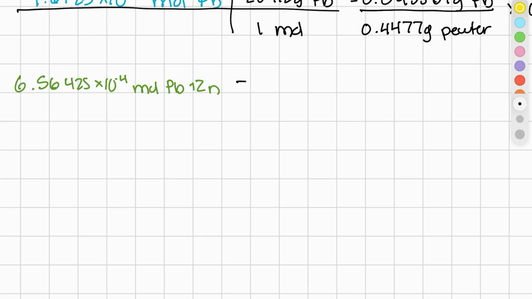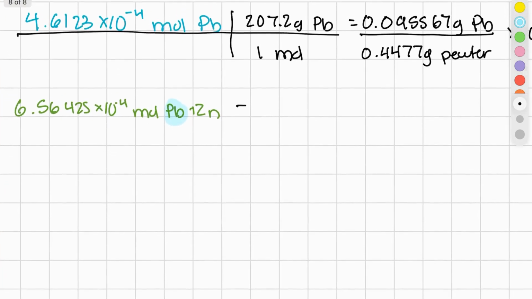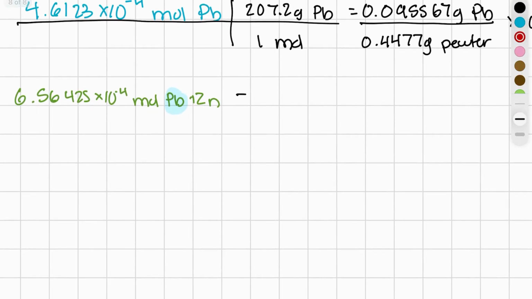So in this case, we already know what lead is, right? I mean, it's literally right above what we're looking at. I can go ahead and subtract how much of the lead that we already know is in the sample, and that'll tell us the remaining amount of zinc we have.